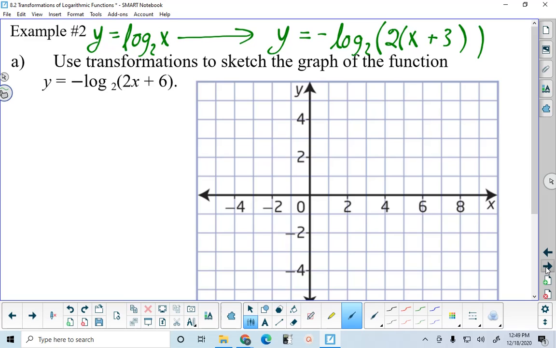Would everybody agree, first of all, can I get some people to agree, yes or no, that we have a vertical reflection going on here? Definitely, right? We have a horizontal stretch. Can I get some of you to type into the chat window the factor that the horizontal stretch is by?